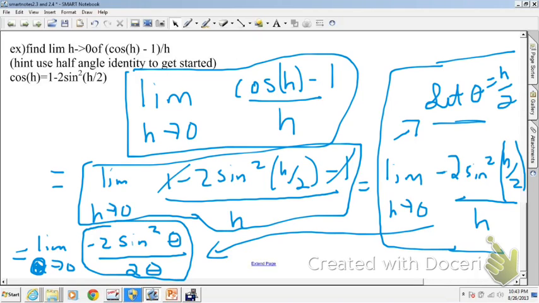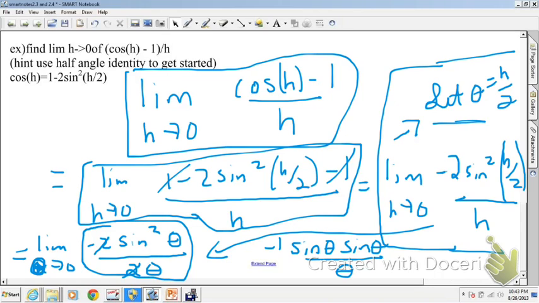Now just think about that. We're almost where we need to be. You've got sine squared theta over 2 theta, so we're almost there. The 2's cancel out, okay? Sine squared theta really means sine theta times sine theta. So you have sine theta times sine theta over theta, and, of course, the negative 1 out front.